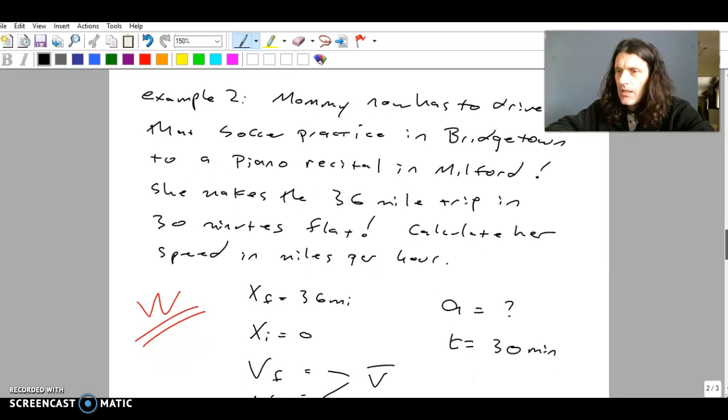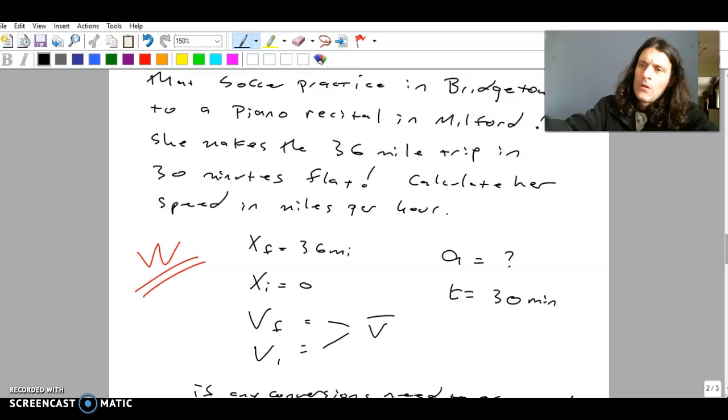So here is another example. The XF is 36 miles. XI, I just called 0. It wasn't mentioned, but you can assume if she's starting in Bridgetown, ending in Milford, and that's 36 miles, her initial position was 0. See how VF and VI are then shown to be an average V, speed in miles per hour, for that total distance and that total time.